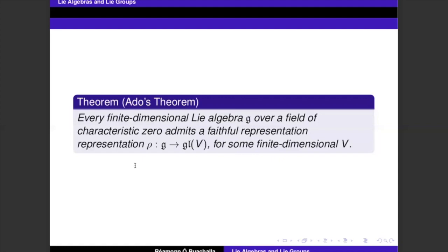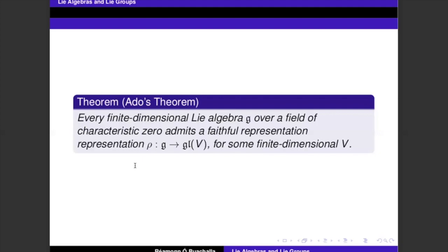But just to stress again, all finite dimensional Lie algebras are basically realizable inside the general linear group of V, which is also somehow comforting, or gives you a concrete feeling for what Lie algebras are. They are all contained in GL(V).